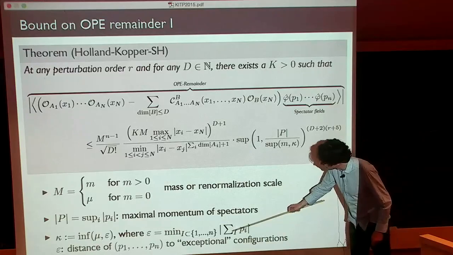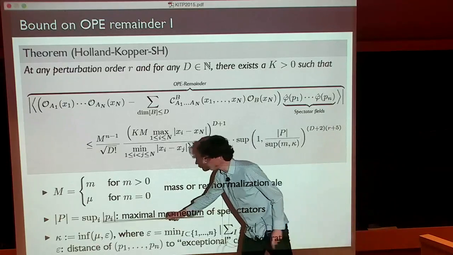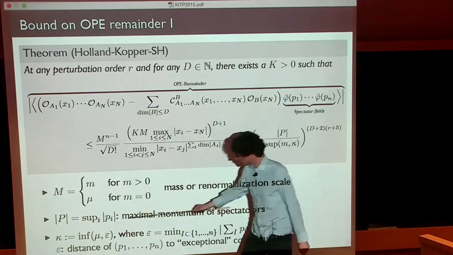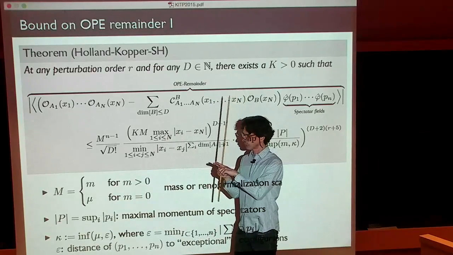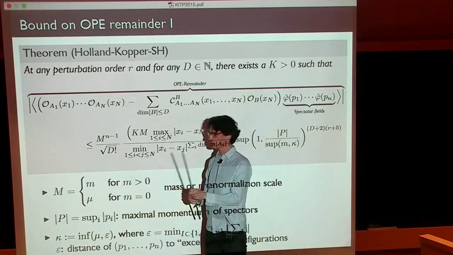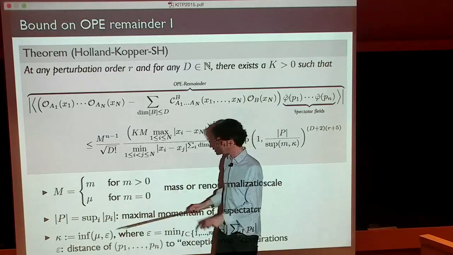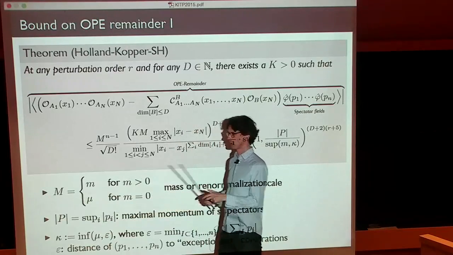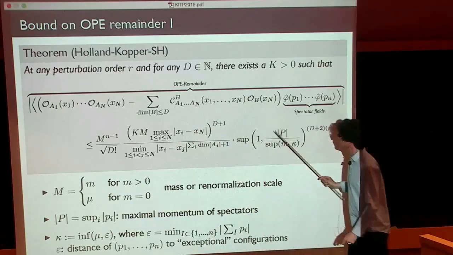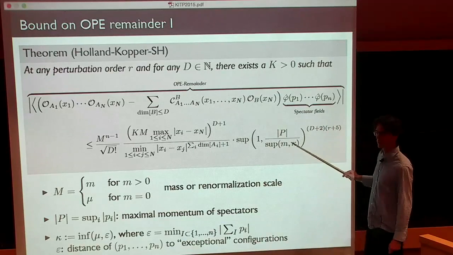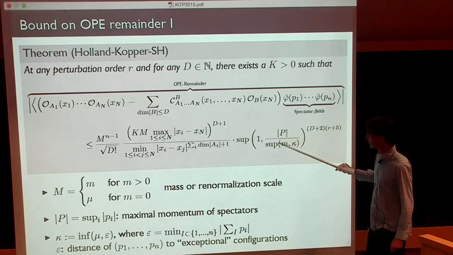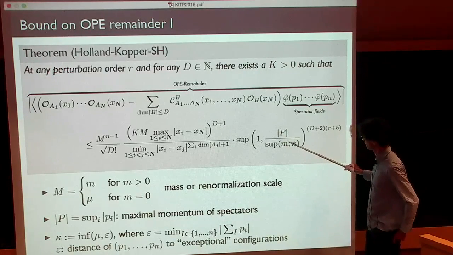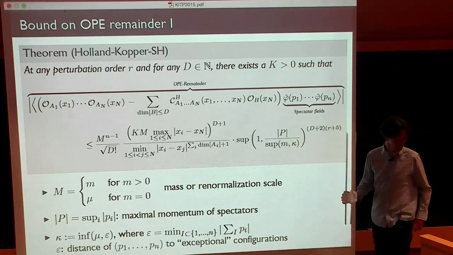So kappa is how far you're away from an exceptional configuration. If the theory is massive anyway, then there are no troublemakers, so that's why it's the infimum. For a massive theory this is a very harmless quantity, but for massless, it's a non-trivial bound only if the configurations are not exceptional.